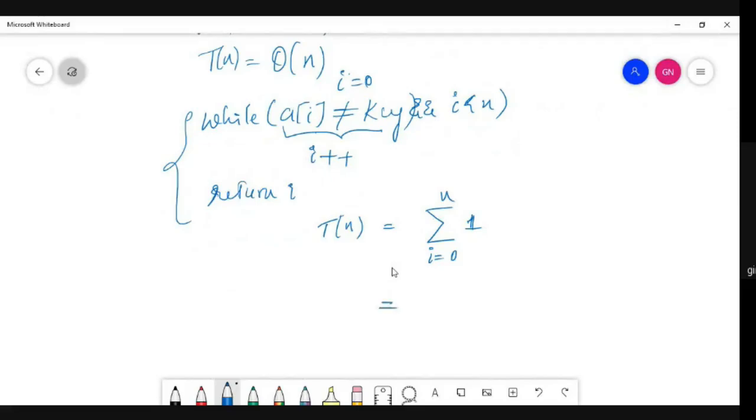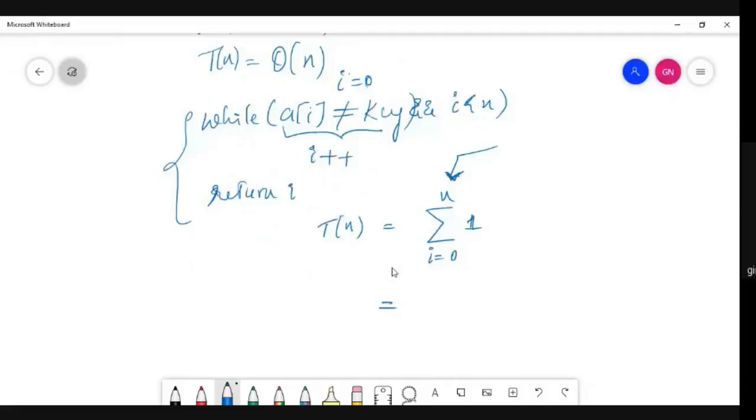It is a non-recursive algorithm, so to calculate the time complexity we should construct this sum. It is upper limit minus lower limit plus 1.